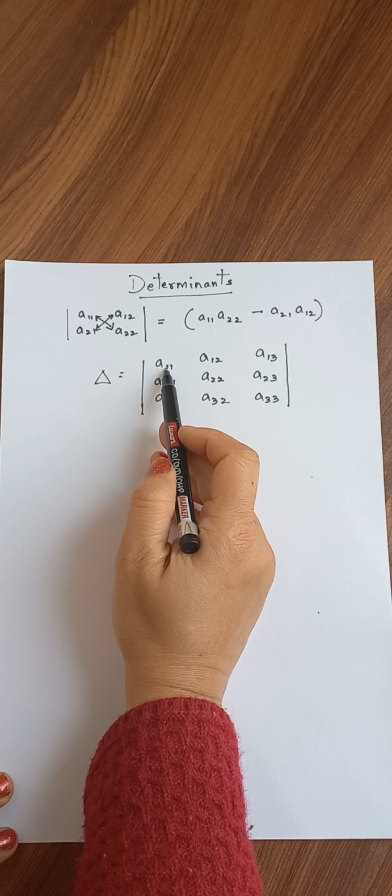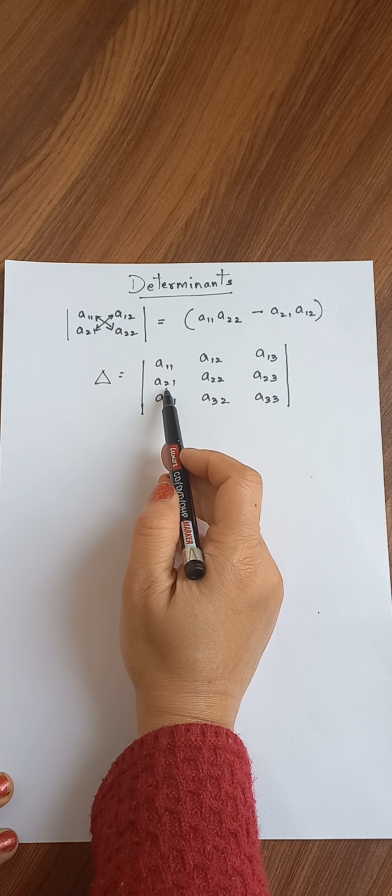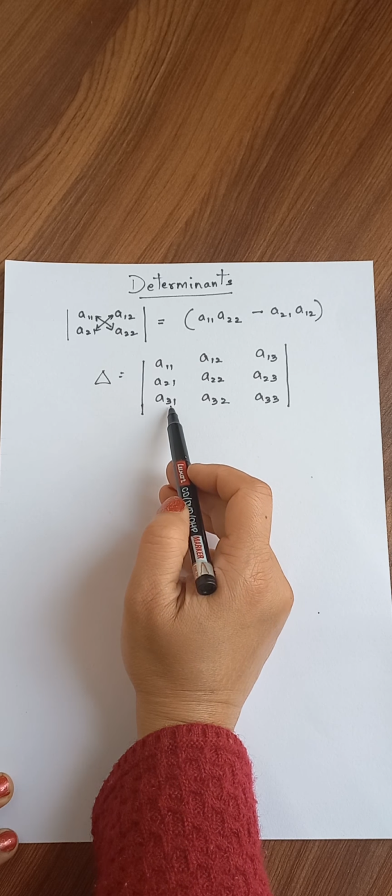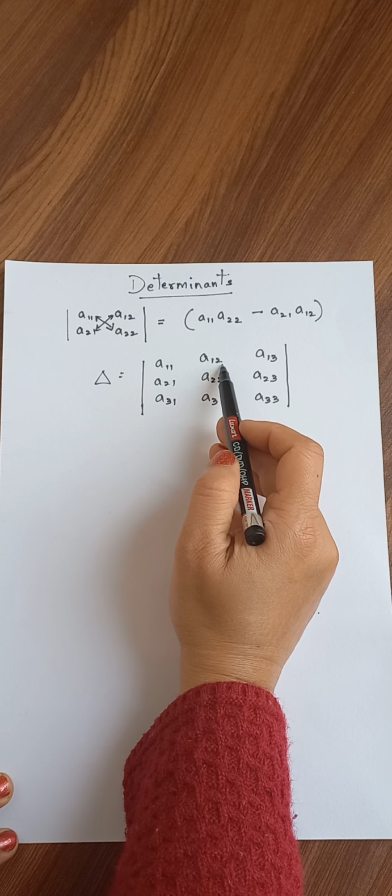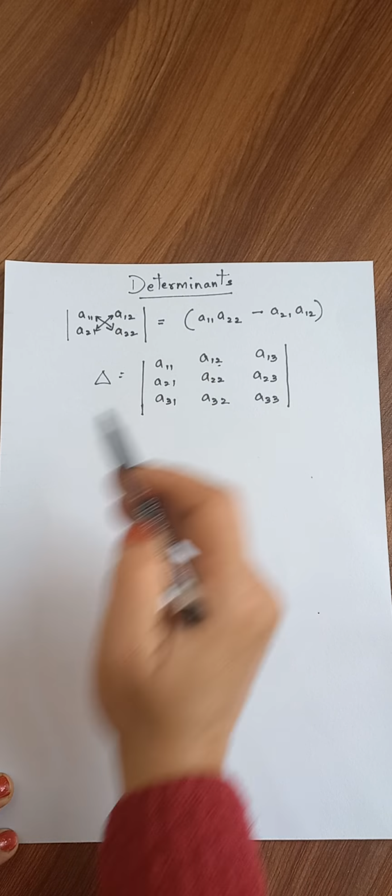This is the first row first column element, second row first column element, third row first column element. The first suffix represents the row and the second suffix represents the column in which that element is.